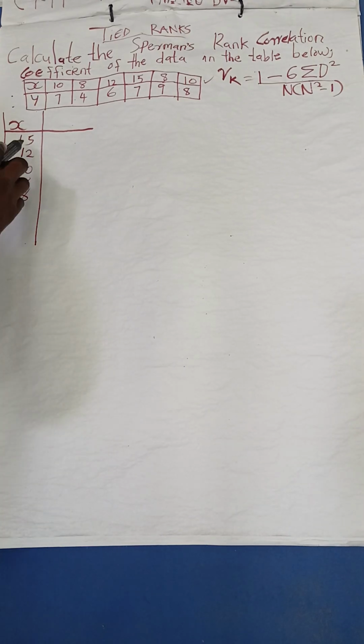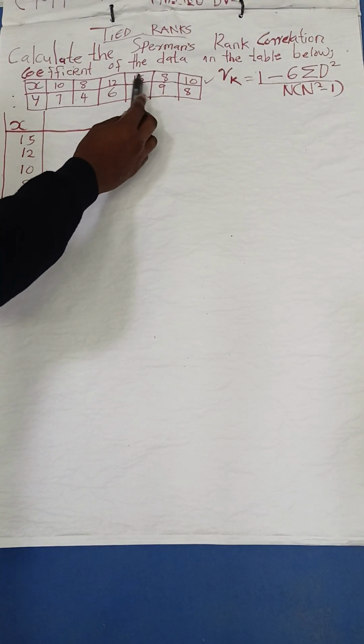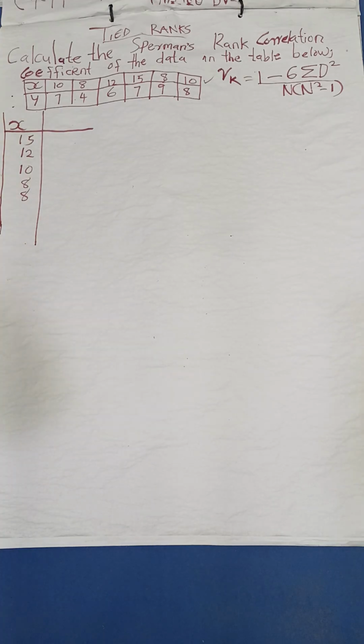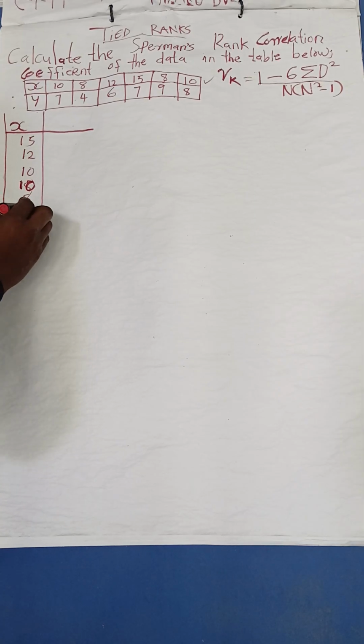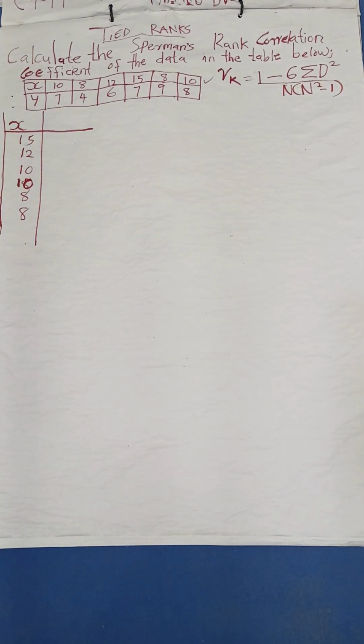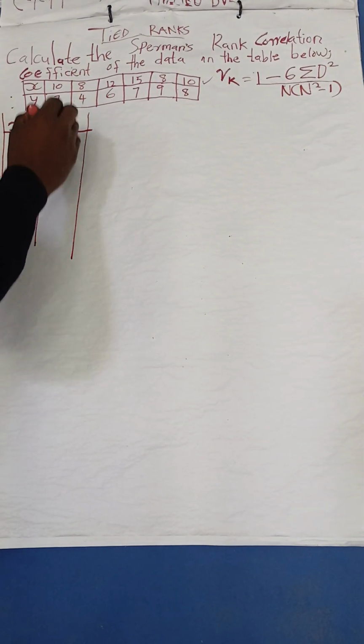We have 15, 12, 10, and another 10, so there are two 10s, then 8. So you can see I have arranged them in descending order, starting with the largest: 15, 12, 10, 10, 8, 8. After you have done that, we rank them.